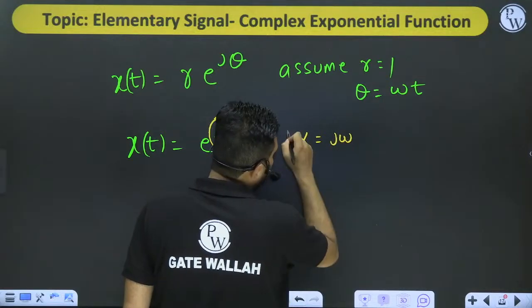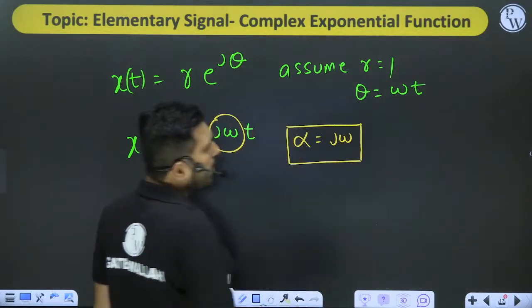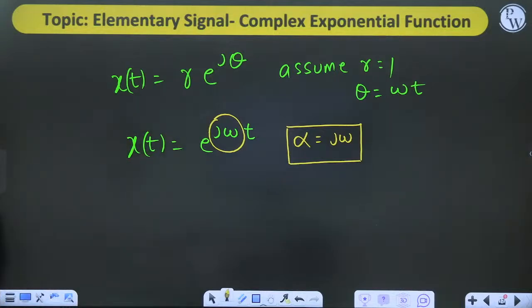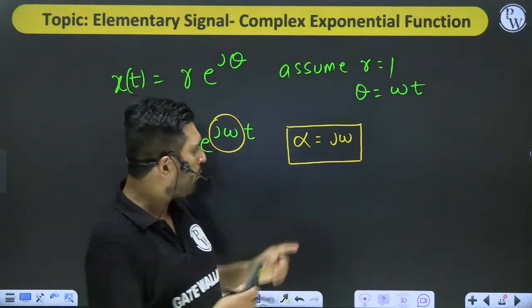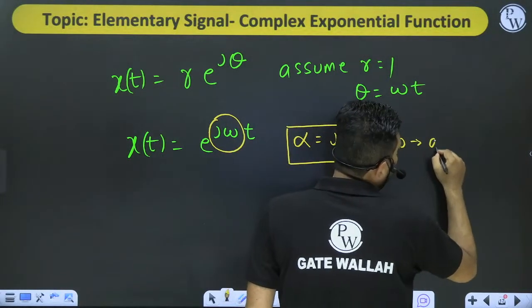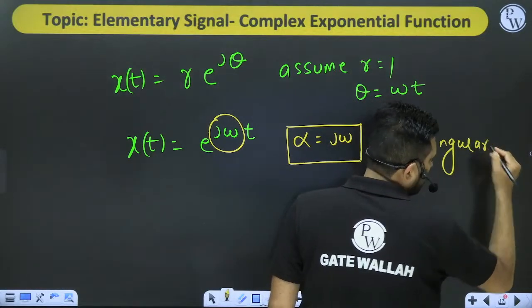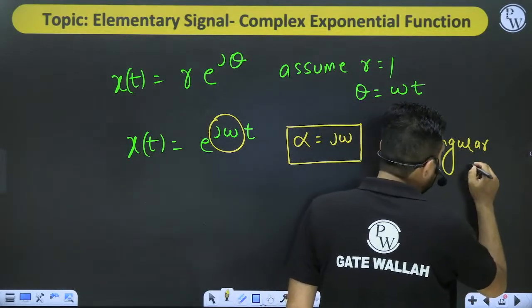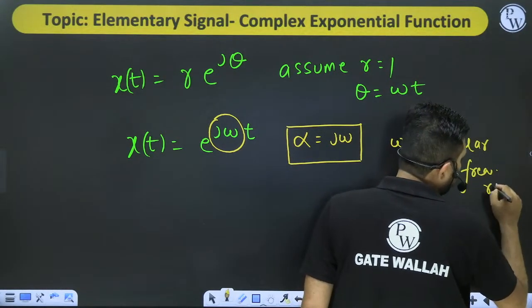This time I'm assuming this to be a complex function. It's a complex number, yes or no? Where omega is angular frequency. What do you mean by angular frequency? I am covering it in just a moment, but let's take it as granted. Angular frequency in radian per second.